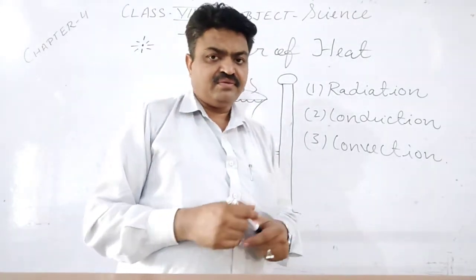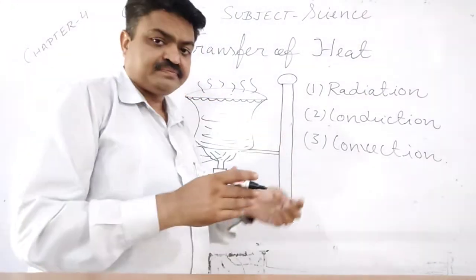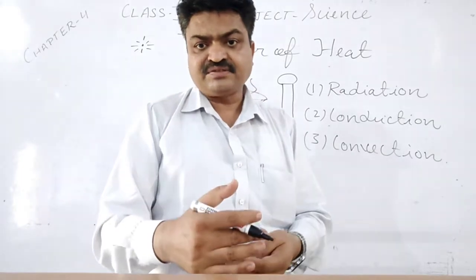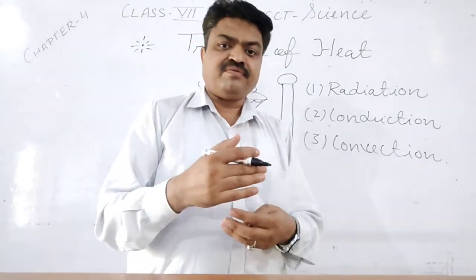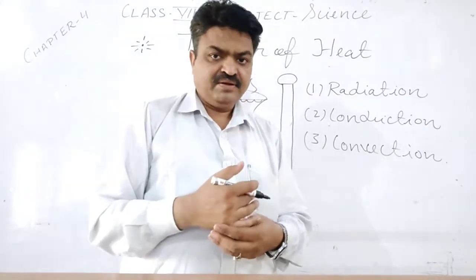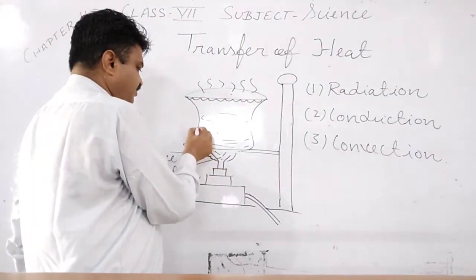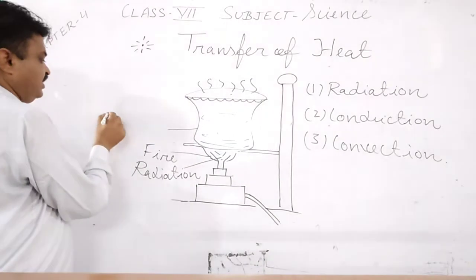So what they do, students, is pass the heat energy, which means heat energy is transferred from one part to another. Like this is one cooking utensil, and what is it doing? It is doing conduction.